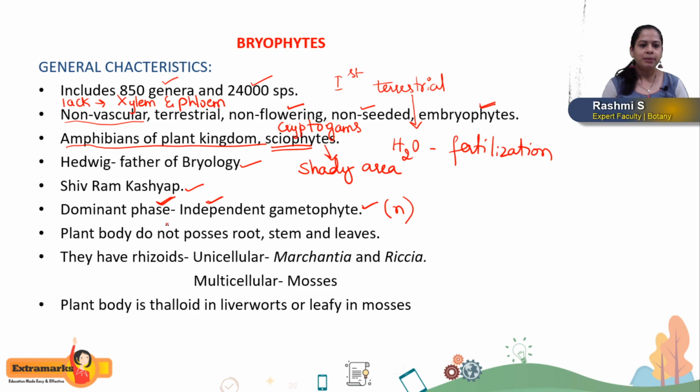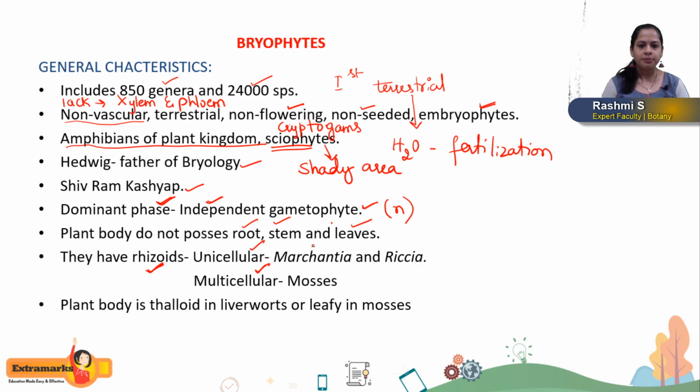But still, the plant body is not completely differentiated into root, stem and leaf. Still, the plant body is a primitive type where you cannot find actual roots, stem and leaves, but instead root-like structures are present. These root-like structures are called rhizoids. The rhizoids may be either unicellular or multicellular.